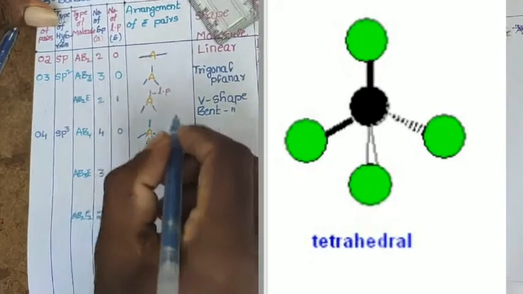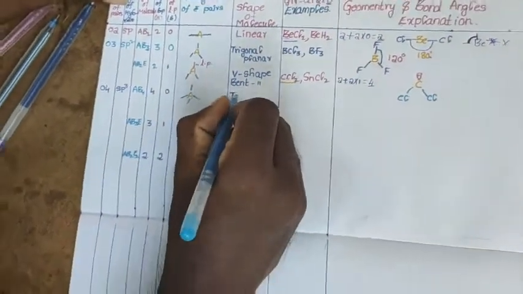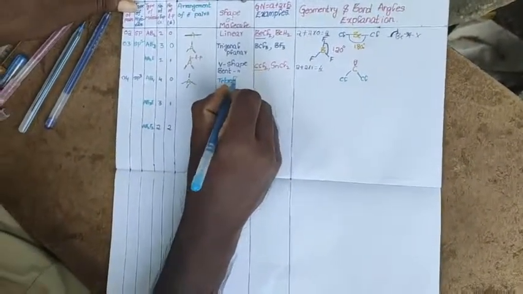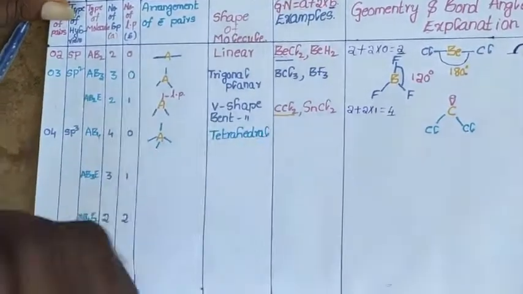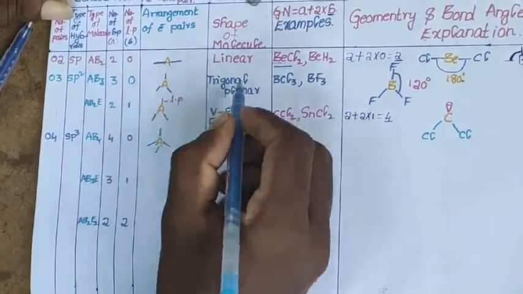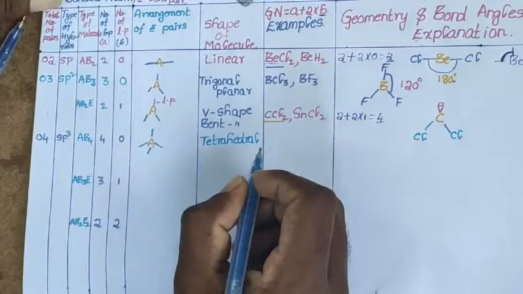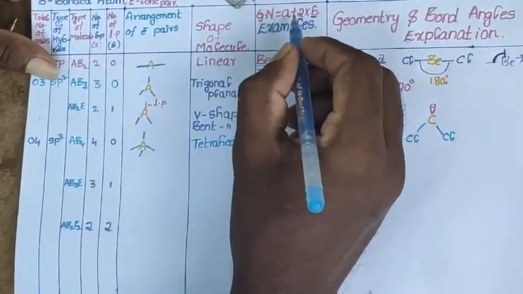The shape you can call tetrahedral. There, 3 means trigonal, but with 4 it is tetrahedral.